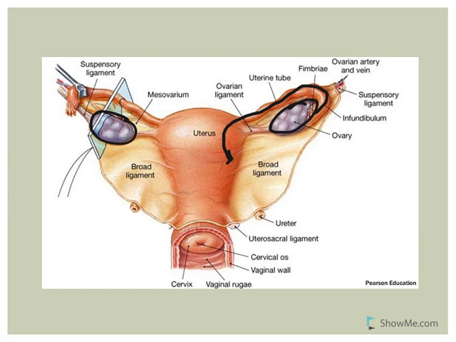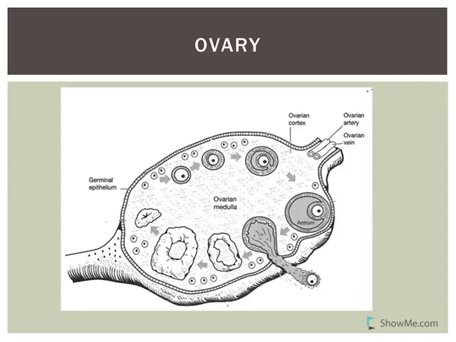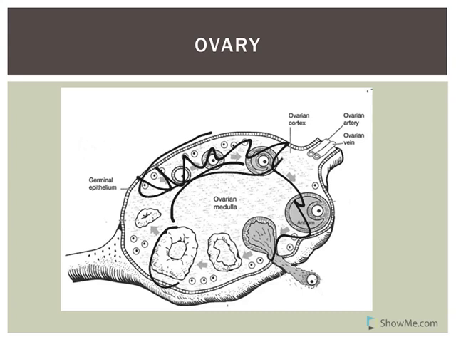And typically women alternate which sides they ovulate from, but I could be wrong. Now on the ovary, the outer part of the ovary out here is the cortex, and we're going to be talking about these various structures as we go along.